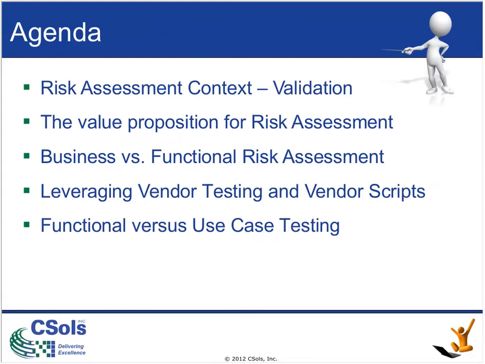The value proposition for risk assessment, business and functional risk assessment, how to split those up to reduce redundancy, for example, try to make sense of the differences there, and also look at vendor testing and vendor test scripts, how to use those, how that connects to risk assessment, and how we can take advantage of risk assessment to better use vendor activities to reduce our burden. And also talking about functional specifications versus use cases and how that can help us with our validation activities.